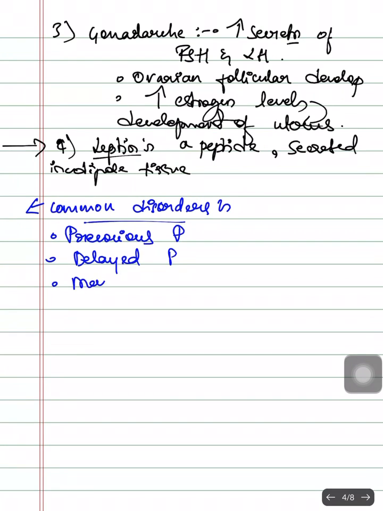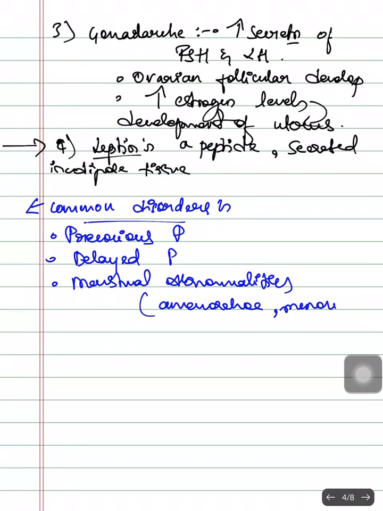Amenorrhea is the absence of menses, menorrhagia is heavy bleeding, and dysmenorrhea is painful menses. Then there are others like infection, neoplasm, hirsutism, etc. So these are the four: precocious puberty, delayed puberty, menstrual abnormalities, and others.